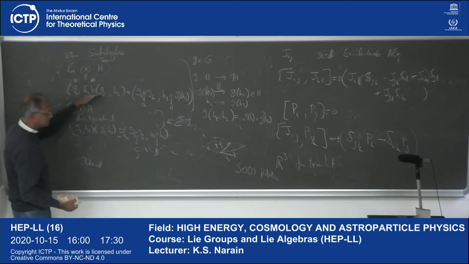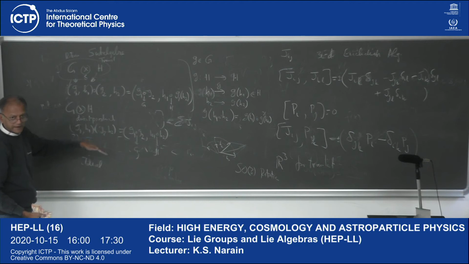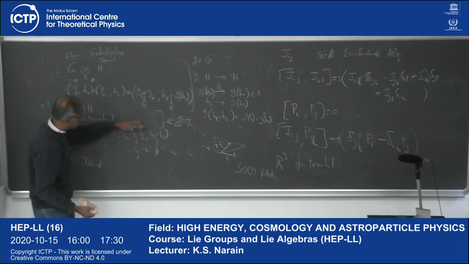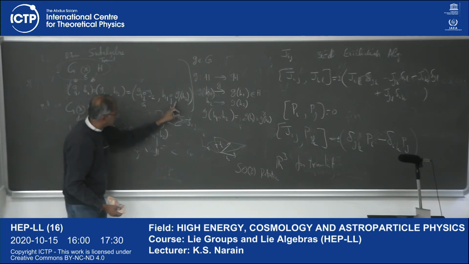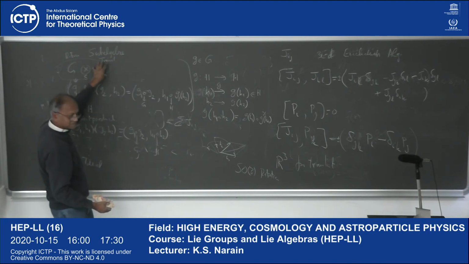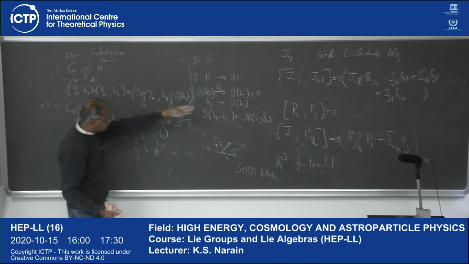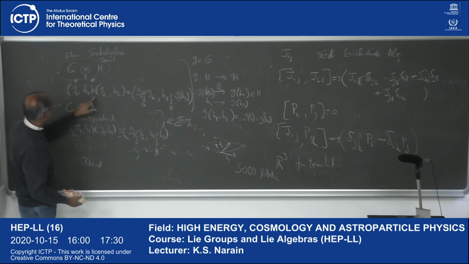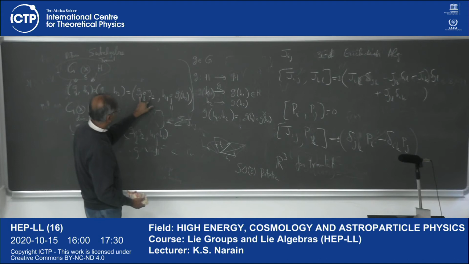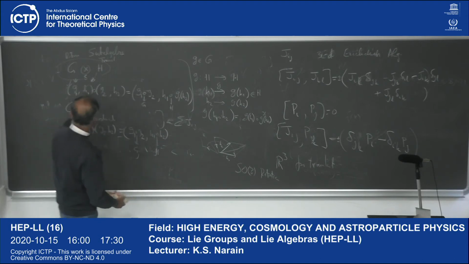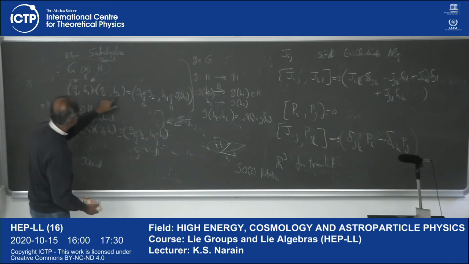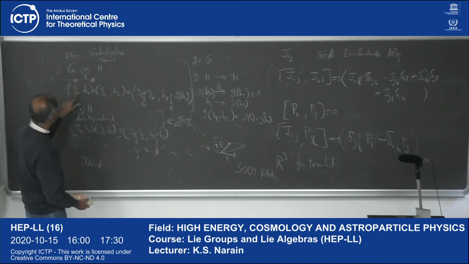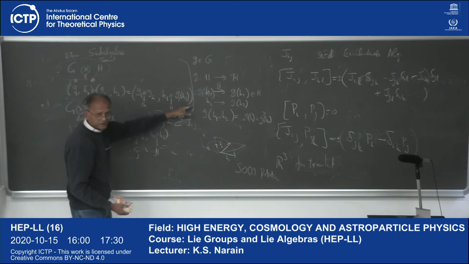So that's the difference between semi-direct product and direct product. A semi-direct product you can always define, provided this group acts as an automorphism on this group. The Euclidean group is exactly that. Here is a rotation, here is a translation, but the product is defined as this rotation times rotation, and here this translation plus the translation which is obtained by applying this rotation, g1 h2.